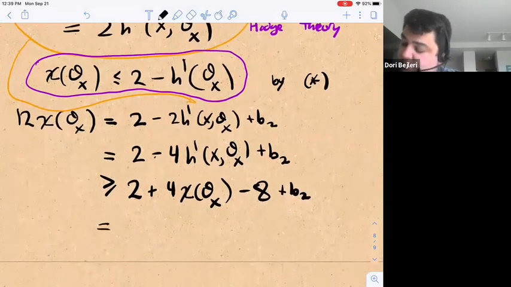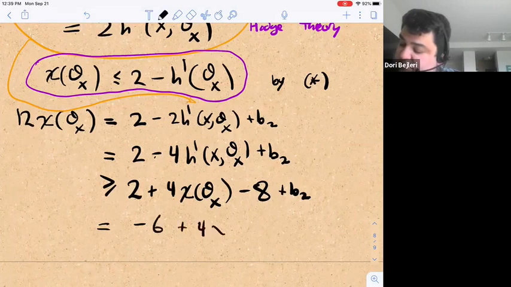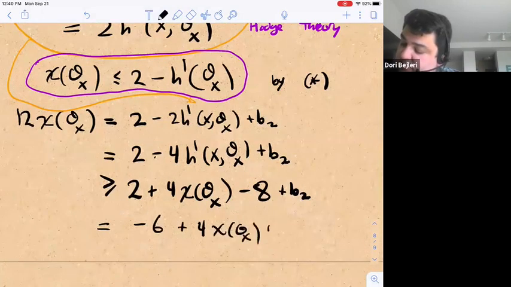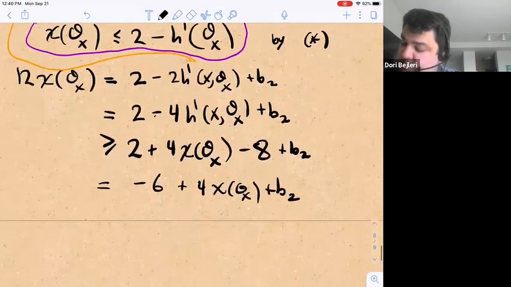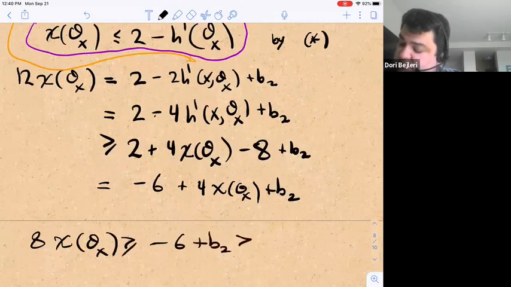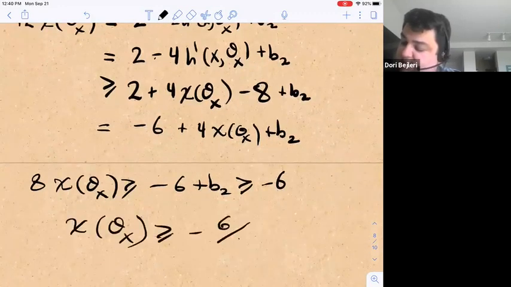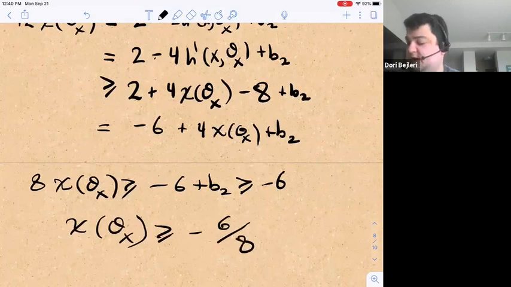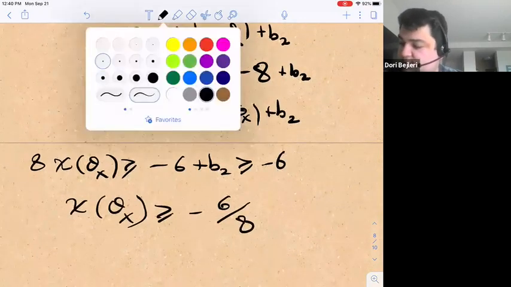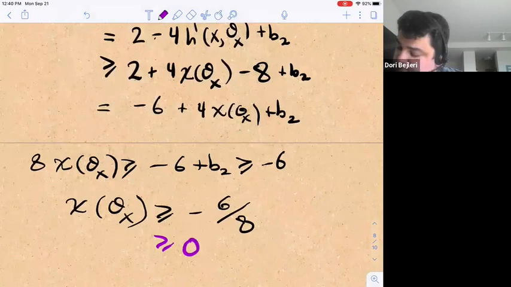This is minus 6 plus 4 times the Euler characteristic plus B2. And so 8 times the Euler characteristic is greater than or equal to minus 6 plus B2, greater than or equal to minus 6. So the Euler characteristic is greater than or equal to minus 6 over 8, but it has to be an integer, so it's actually greater than or equal to 0.